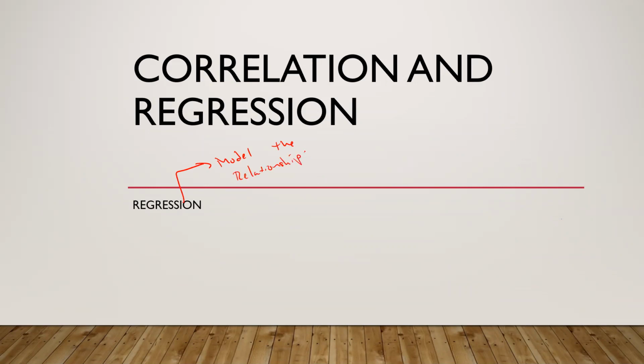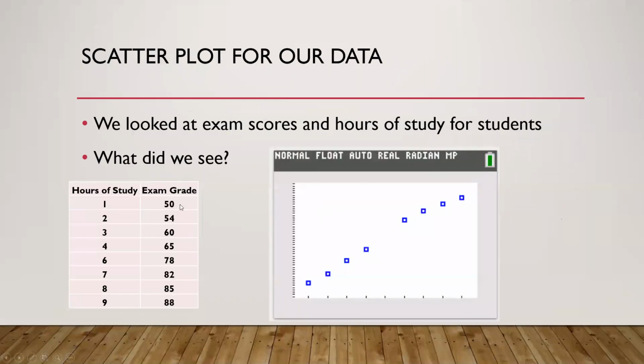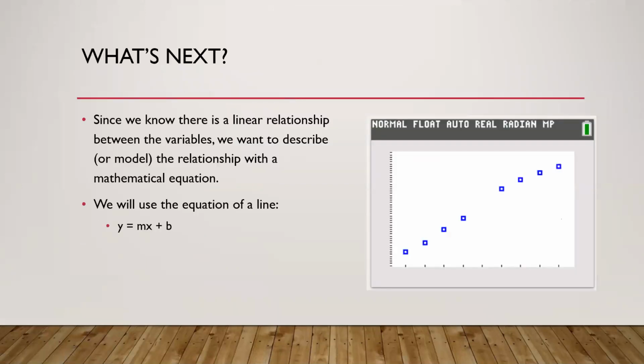What I mean by that is we want to put a mathematical equation to the relationship. The first few slides are just a review of what we did, the exact same thing, so I'm going to skip those. So what's next? What's this concept of regression?